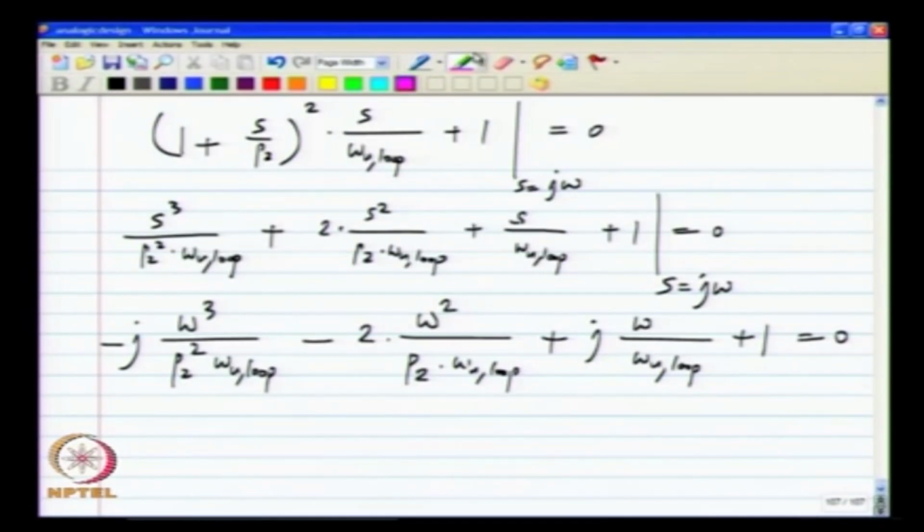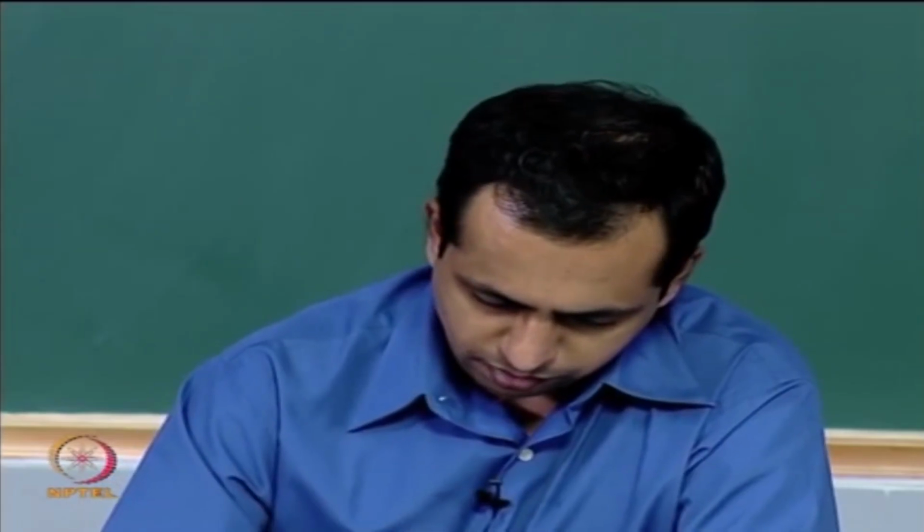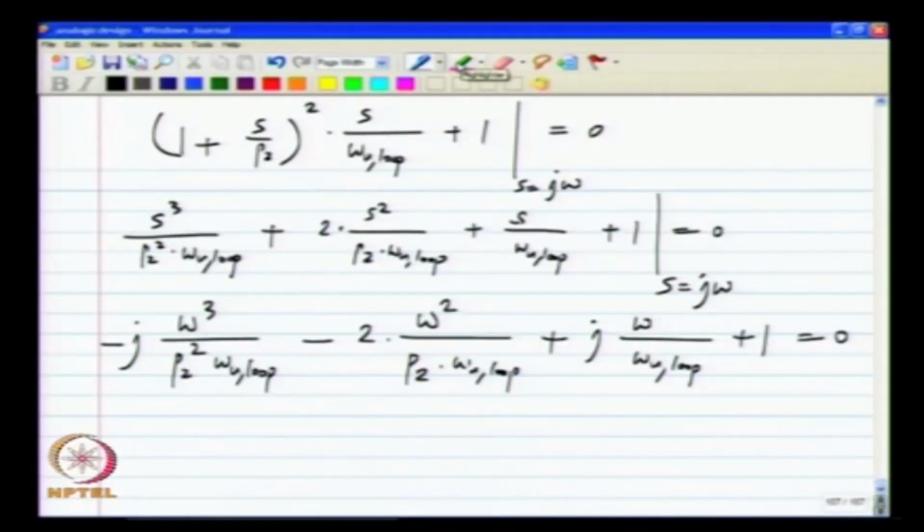As you can see there are two variables here, the value of omega for which this happens and the condition on p 2 at which this happens. And there are two equations because there is the real part of this equation and there is also the imaginary part of this equation, and each of them has to be equal to 0. By equating them to 0 you will get the two conditions.